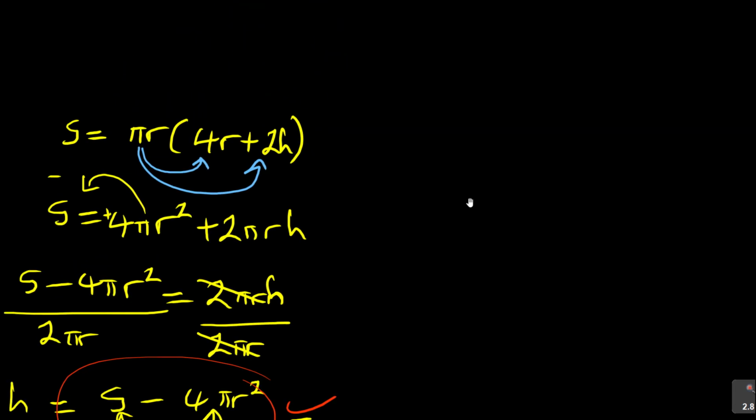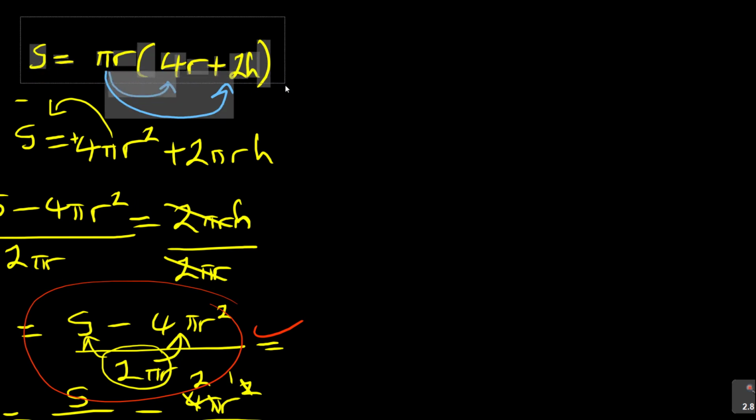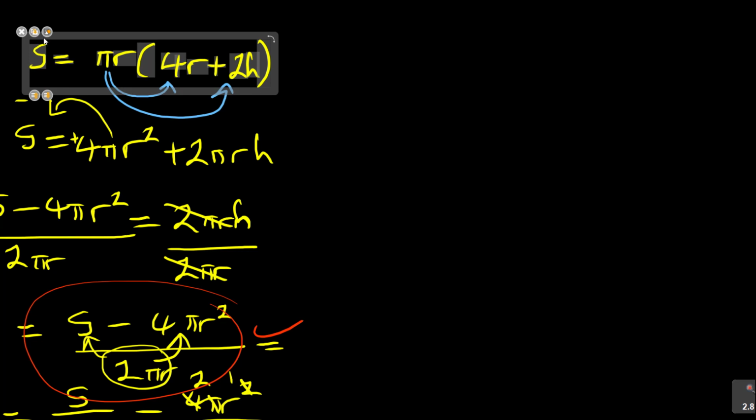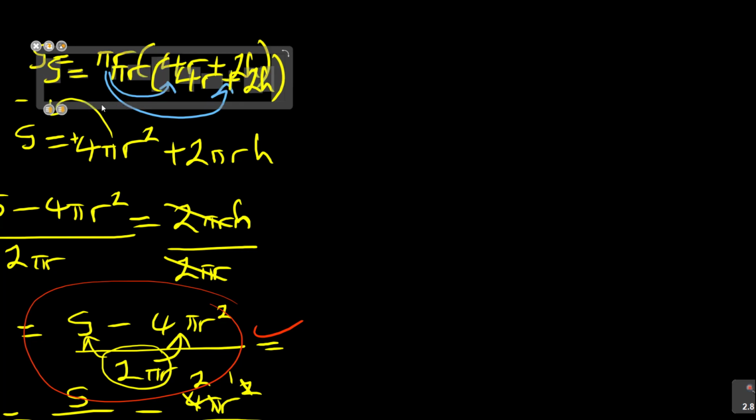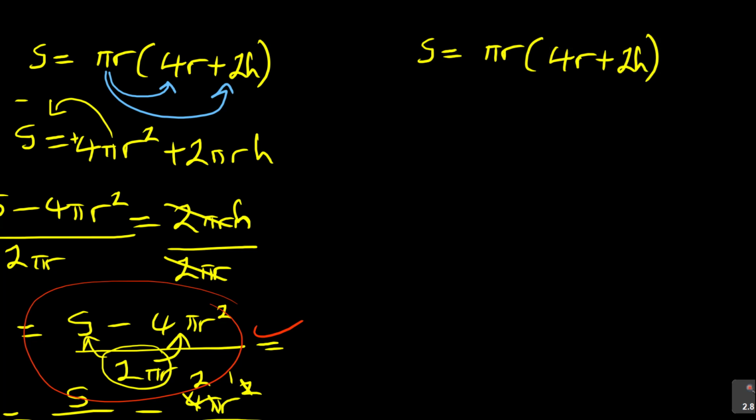That was one way. The other way I suggest you could have done, depending on if you want to maintain, let me duplicate this. Let's say you wanted a separate way of approaching this. What you could do here, for example, I will choose to divide by pi r already here.